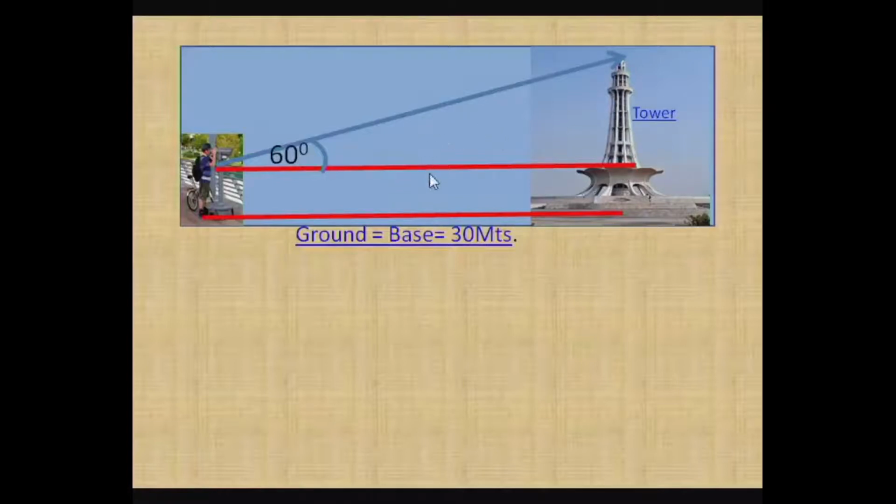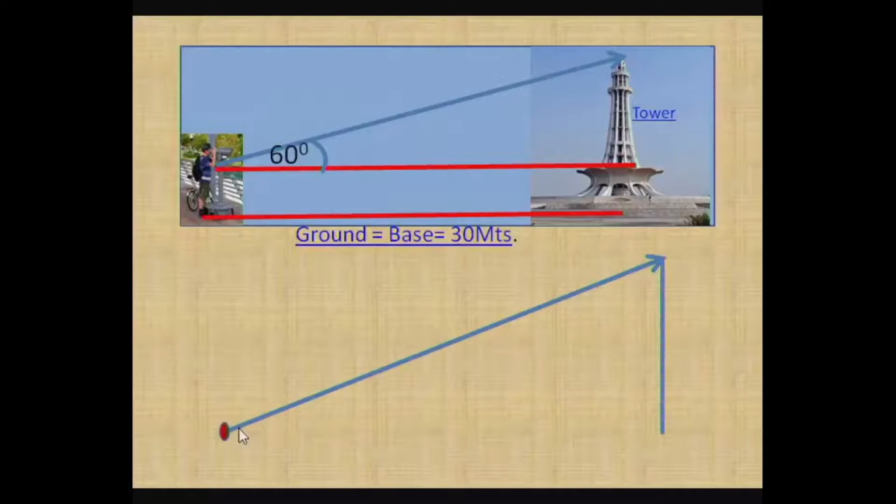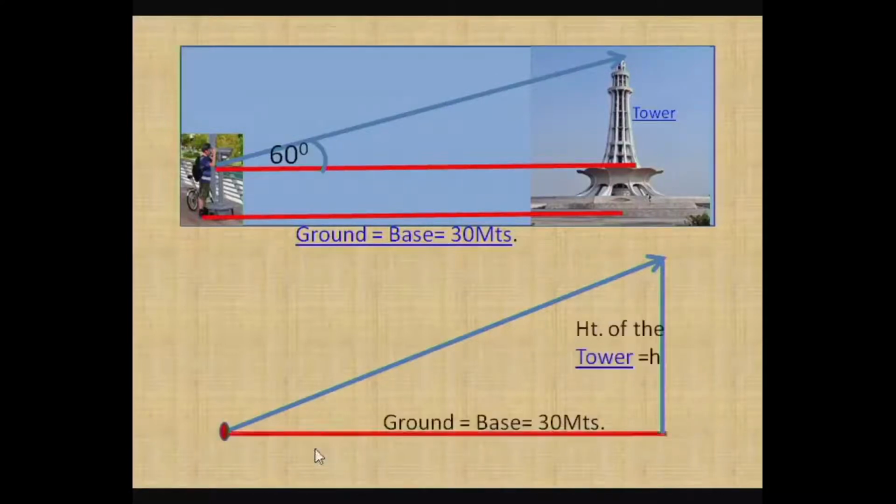See, in your notebooks you have to draw like this. See, this is a point, observer's point, and this is the height of the tower, and this is the base, 30. And just now we have discussed: required side by the given side is equal to the trigonometric ratio of the angle.